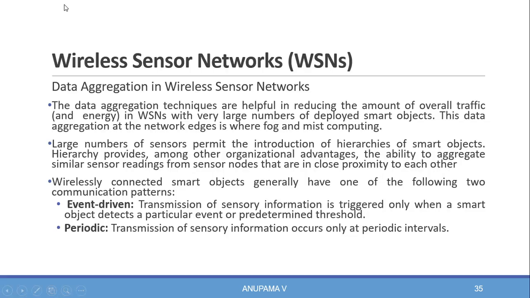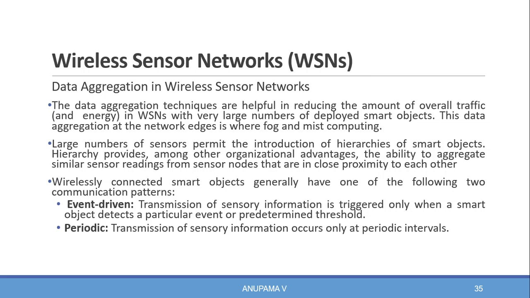The data aggregation techniques are helpful in reducing the amount of overall traffic and energy in WSN, that is wireless sensor network, with a very large number of deployed smart objects.